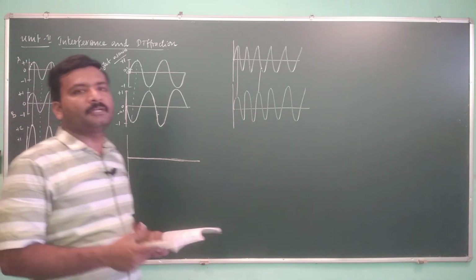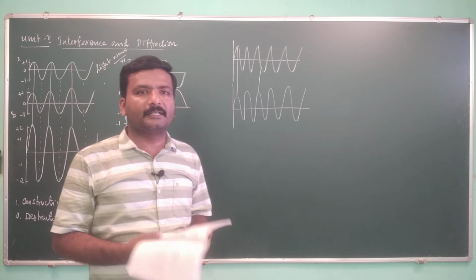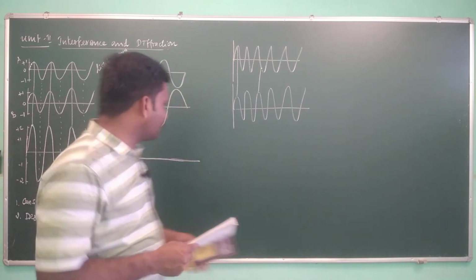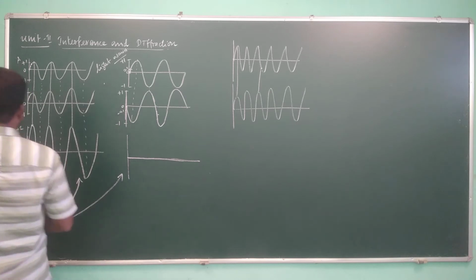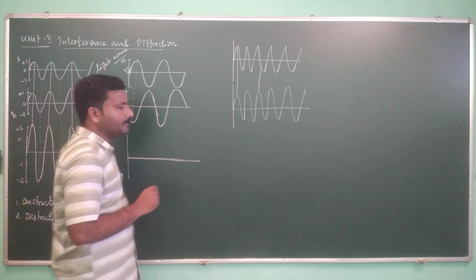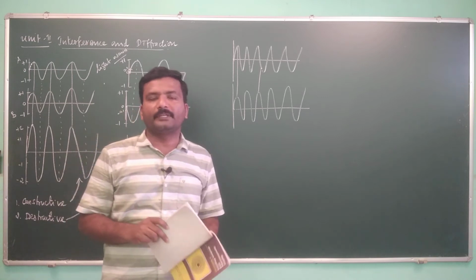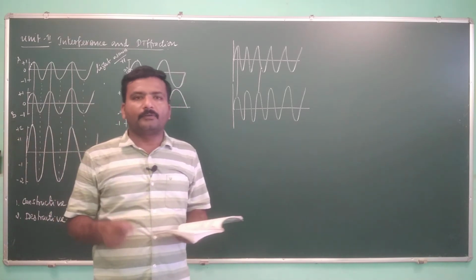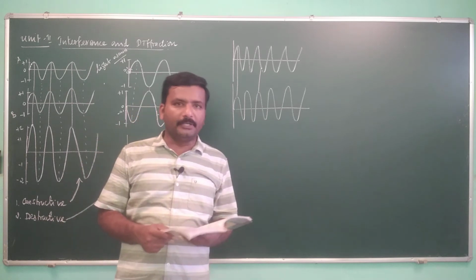When destructive interference happens, the resultant wave will have minimum amplitude. The resultant maximum intensity is called maxima, and the resultant minimum or null intensity is called minima. We can write a mathematical equation for maxima and minima.